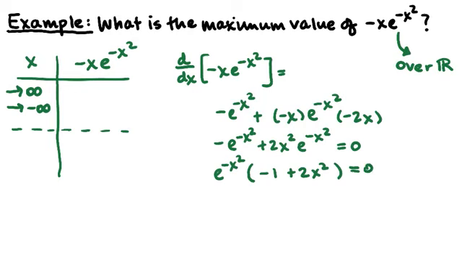If this thing that I'm underlining is equal to 0, the whole thing could equal 0. e to the negative x squared will never equal 0. So this would be where x squared equals 1 divided by 2. And so that would be x equaling the square root of a half, or x equaling the negative square root of a half.